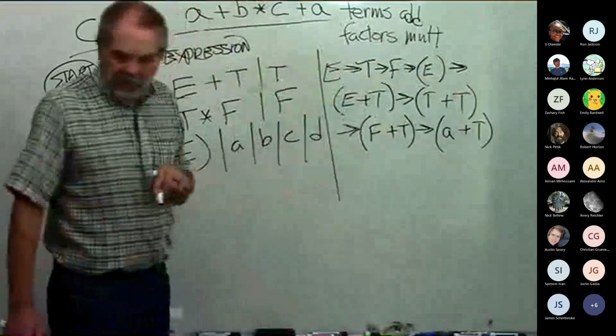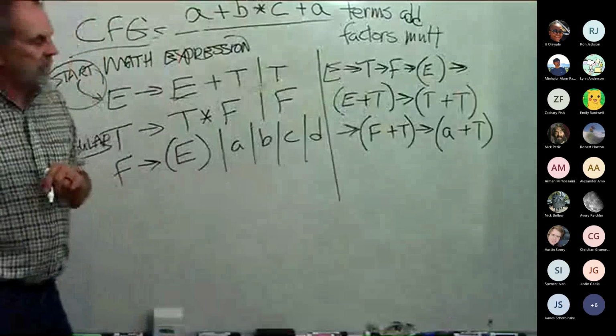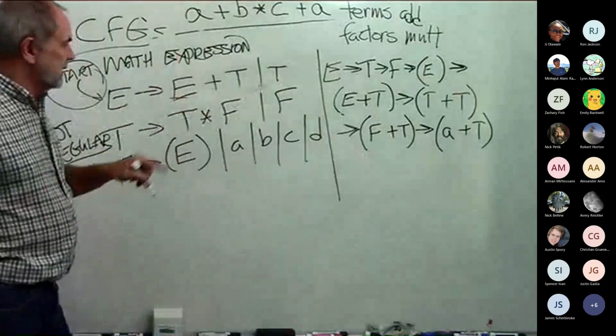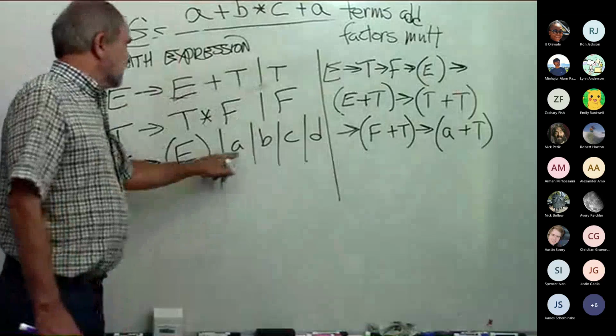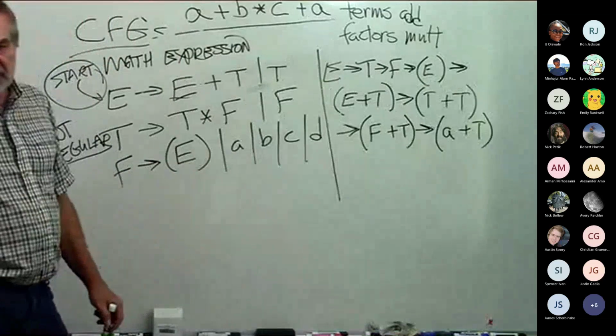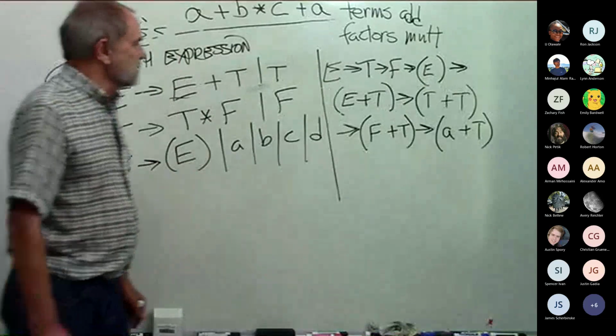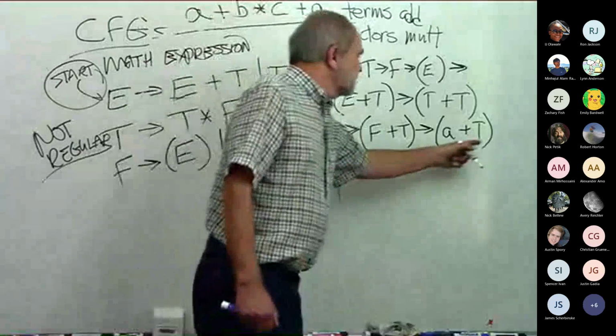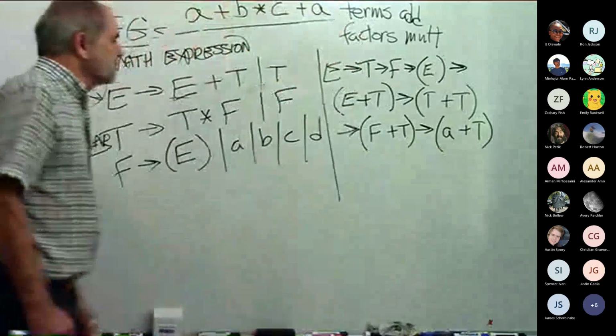Are you with me? Are you tracking how the derivation is going here? The T got replaced with an F. The F got replaced with one of the terminals, the A in this case. And I can't just substitute. How do I get a terminal over here?